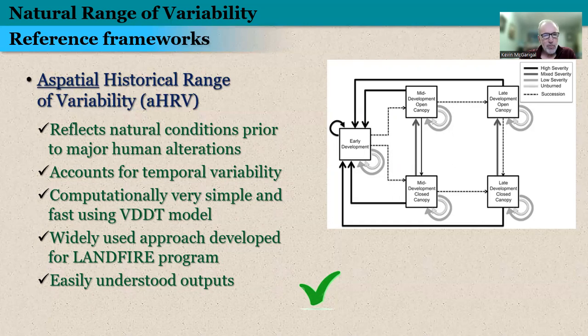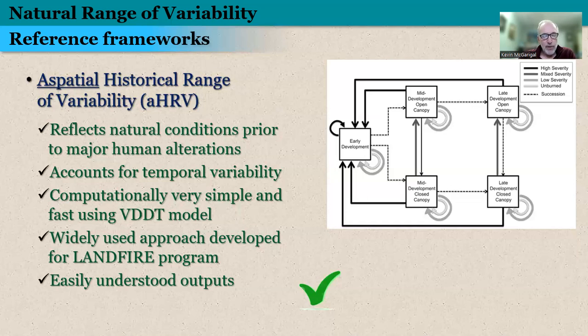So in this sense, it's very similar to a straight-on HRV in that it's designed to represent natural conditions prior to major human modifications. And like an HRV, it accounts for temporal variability in that the simulation does attempt to simulate all the possible outcomes that could have occurred historically under that disturbance regime.